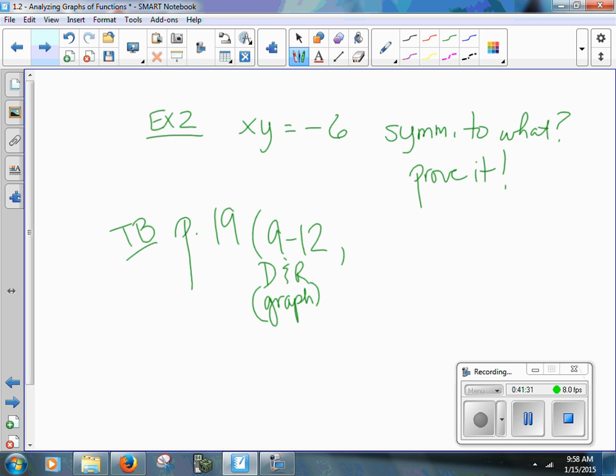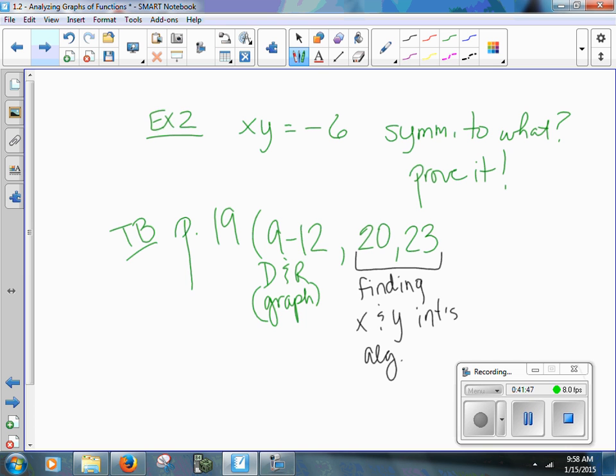And then I want you to look at 20 and 23. And folks, that's finding the x and y intercepts algebraically. Okay? And then your symmetry is up here.